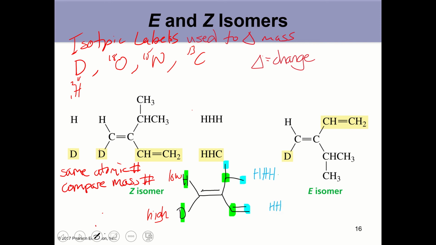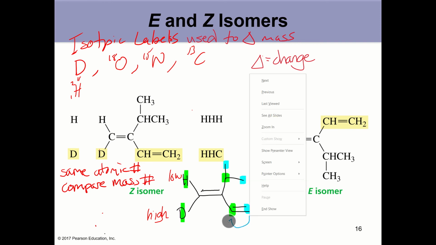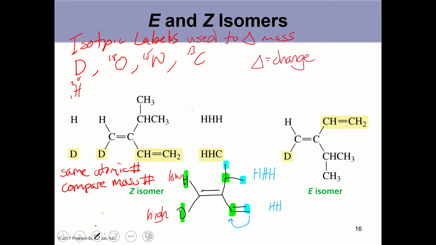And then this is where you might get tricky. This blue carbon is also bonded to this green carbon. We have to count. It's actually bonded to the green carbon twice, right? Because it's a double bond, I can also say that the blue carbon above is bonded to a green carbon.